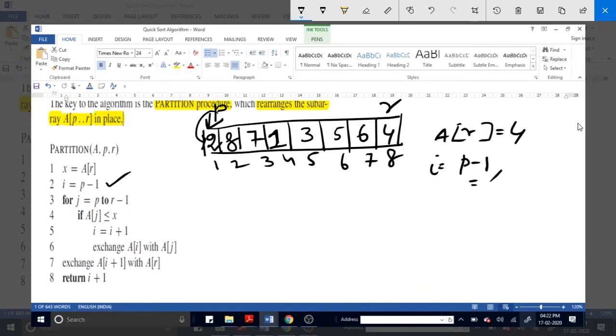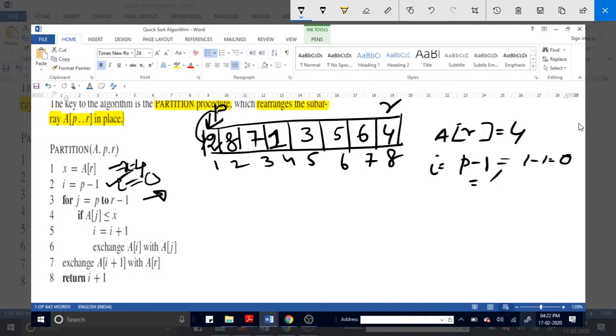The value of p is 1, so the initial index is 1 minus 1, 0. Okay. Now please run this algorithm and check how the swapping will happen. So the i index is 0 and x is nothing but A[r], that means A[8], the last one, which is 4. The value of x is equal to 4, the value of i is equal to 0, and then start from here.